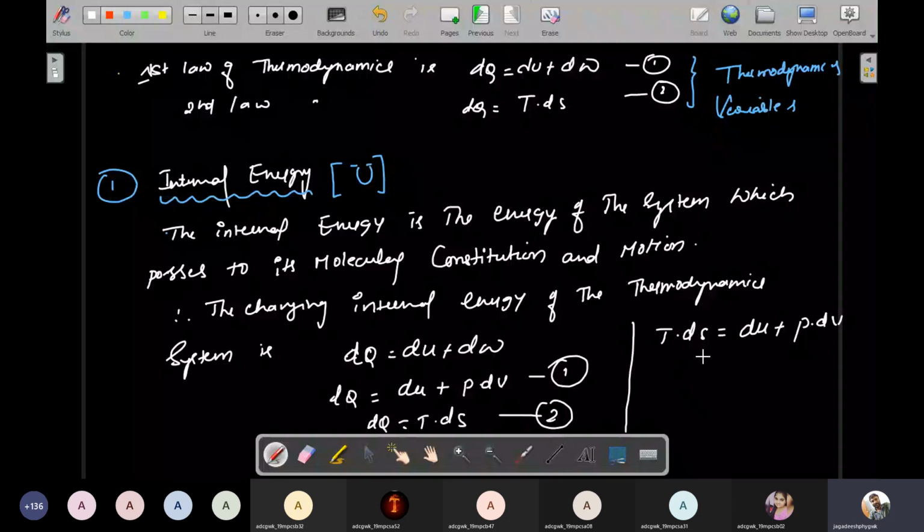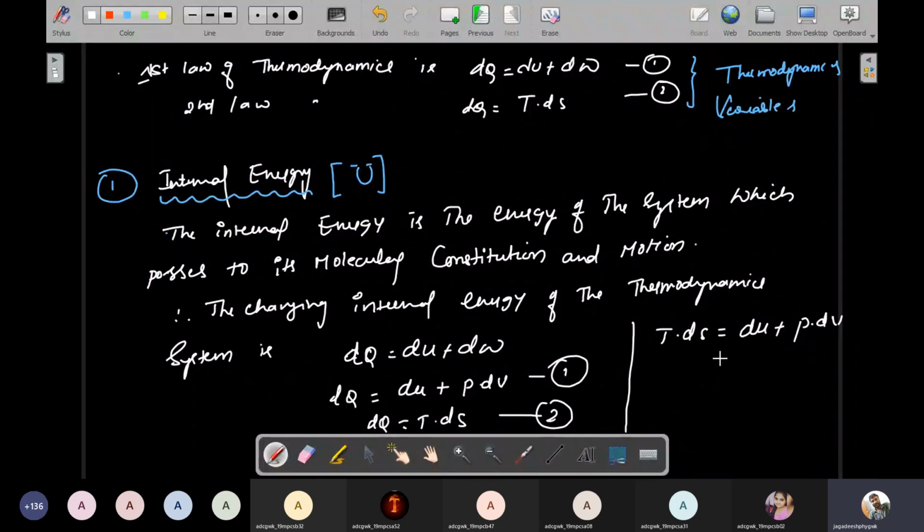But I want to derive internal energy, so that's why I am writing this term first: dU is equal to simply T dot dS minus P dot dV. So this is our equation.